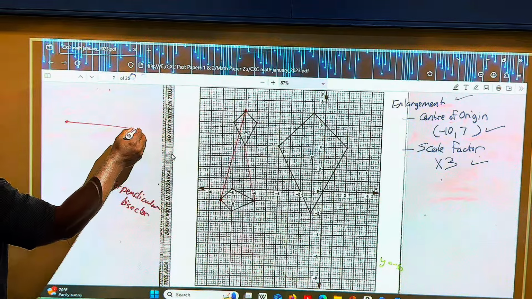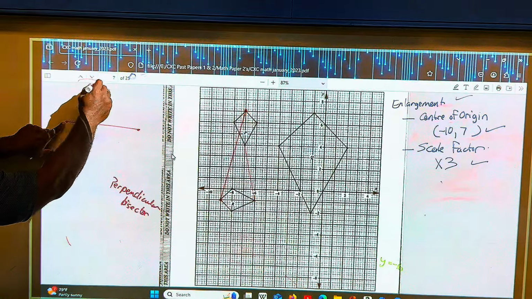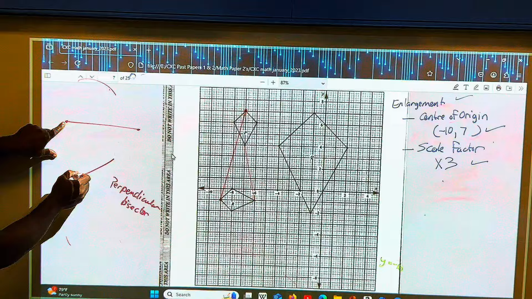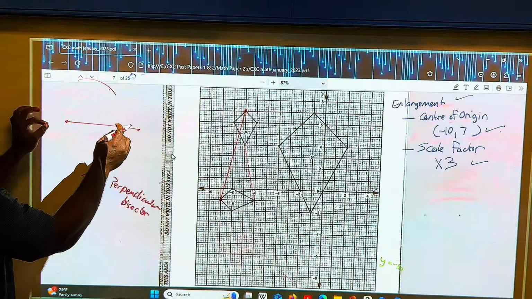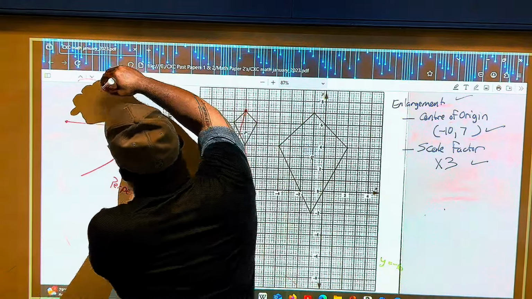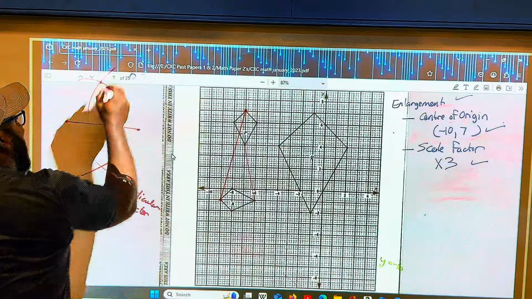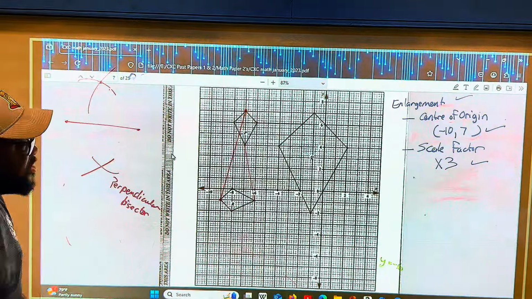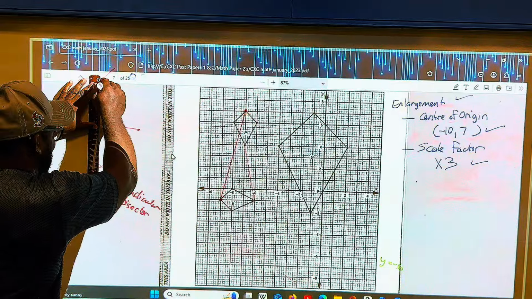This is a line segment. You're going to draw an arc here and an arc below. Then you take this compass, don't let it change, keep it the same distance, go over here, and back. Then you connect those. I'll advise you maybe use a pen or something to get a different color, because it starts to look cluttered there.